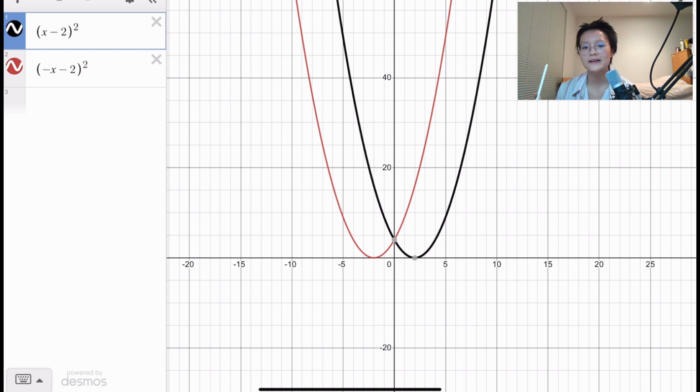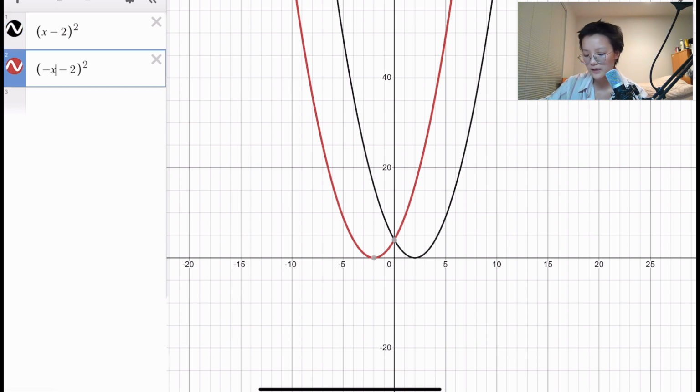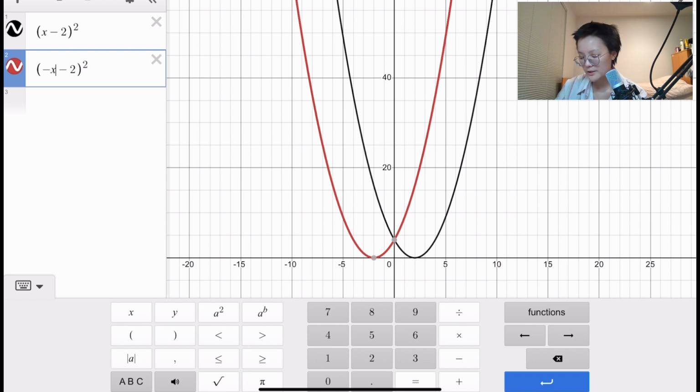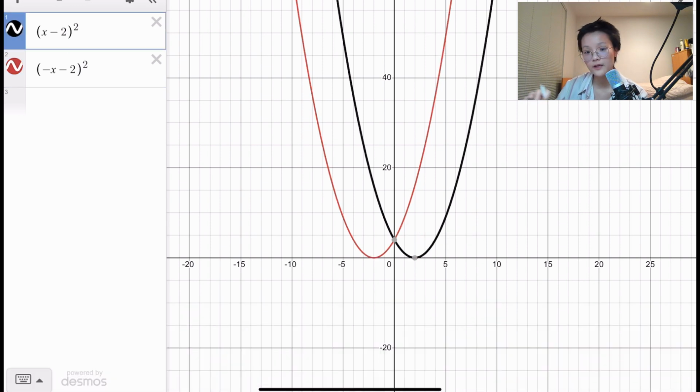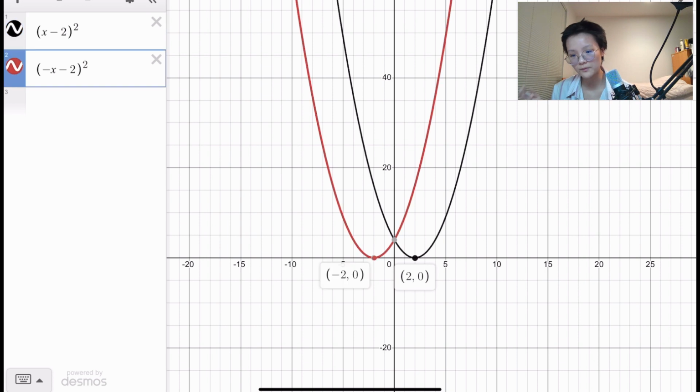Because, for example, x equals 1 and x equals negative 1 are symmetric in the y-axis. So if we multiply the x by negative 1, we reflect the entire graph in the y-axis. You can see that they're completely symmetric. The vertex of the original black function is (2, 0), and the reflected one is (negative 2, 0).